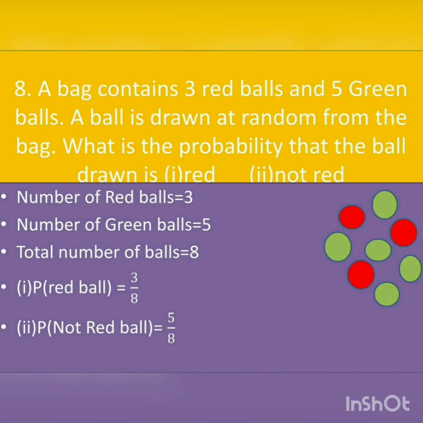So the probability of a red ball is 3 by 8, because there are a total of 3 red balls and the total balls are 8. And the probability of not red will be 5 by 8, because there are 5 balls that are not red.